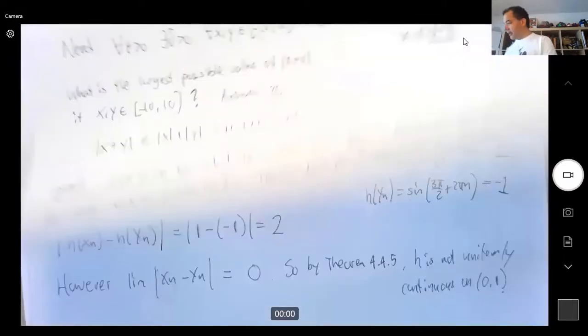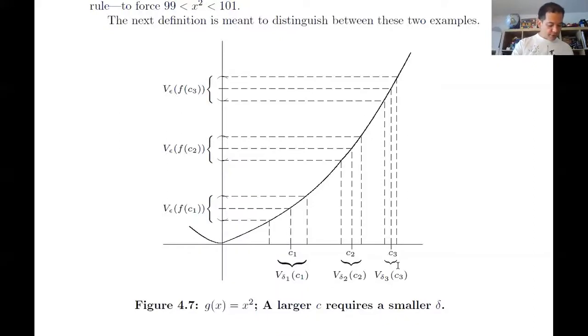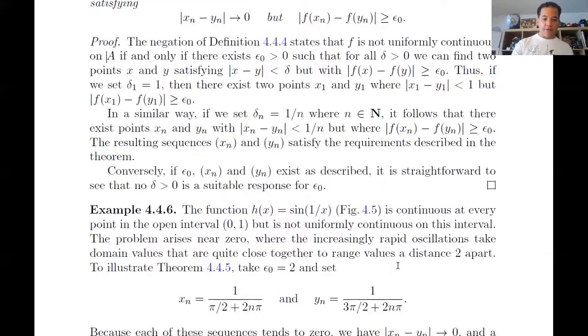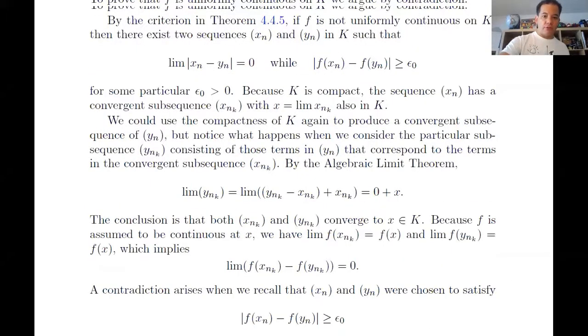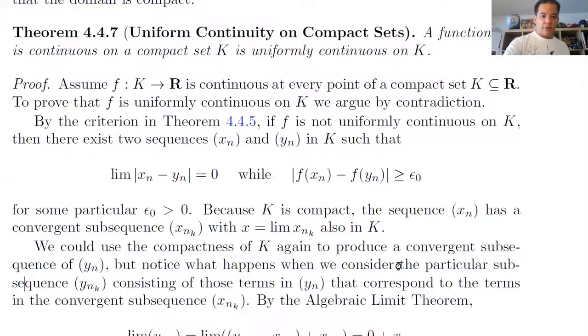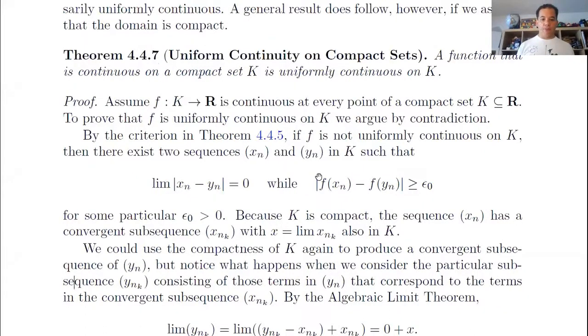They are related through this next result, which I'll put on the screen, so I don't need to spend time writing it myself. Here is what I want to tell you about, right here: theorem 4.4.7, uniform continuity on compact sets.